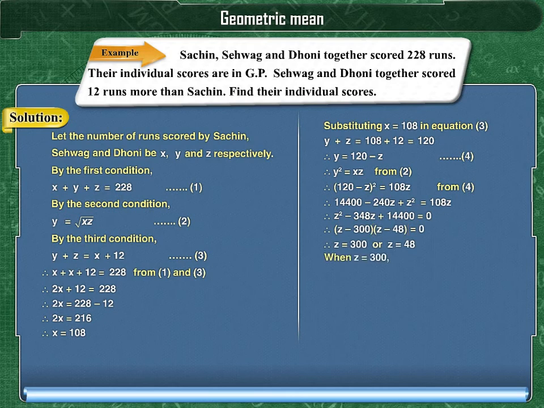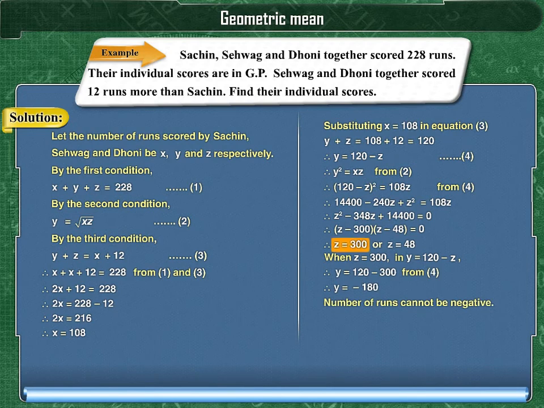Substituting z is 300 in y is 120 minus z, we get y is 120 minus 300. Therefore, y is minus 180. Since the number of runs cannot be negative, therefore, z is 300 cannot be accepted.